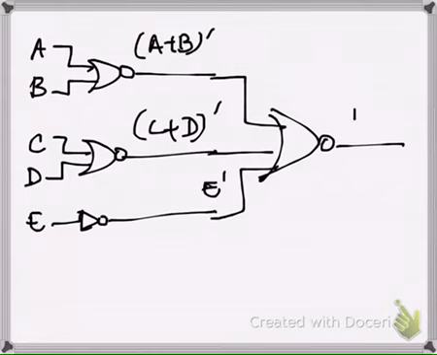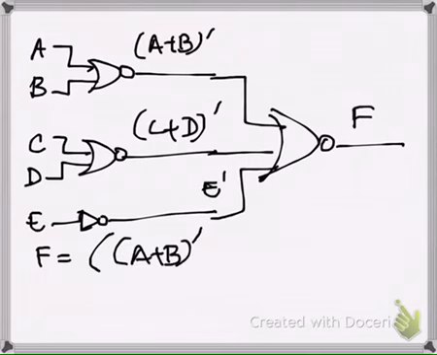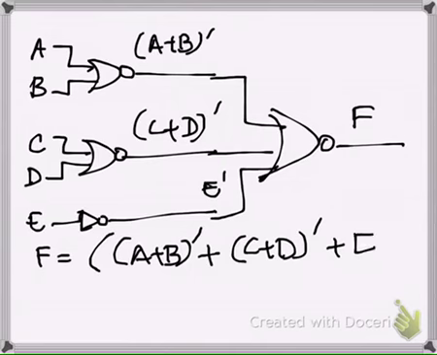So what do I get here? F would be equal to A plus B complement, plus C plus D complement, plus E complement, whole thing complement.